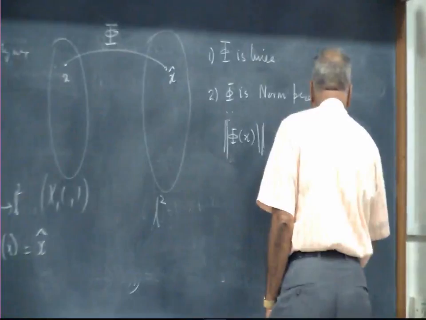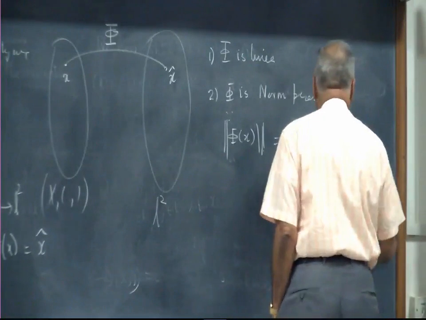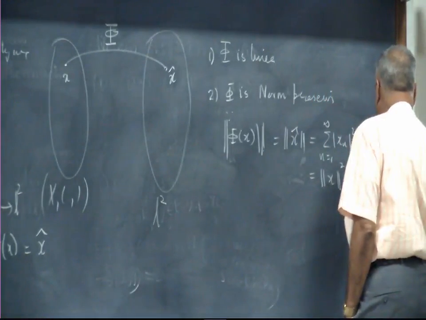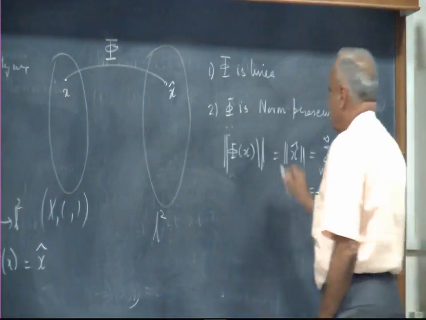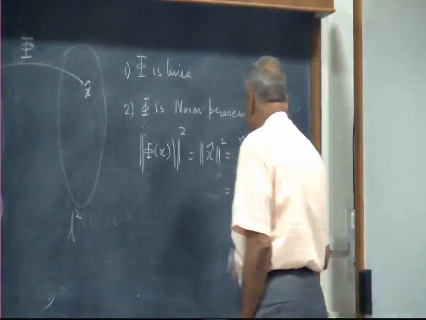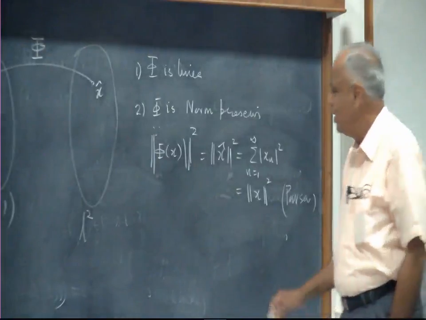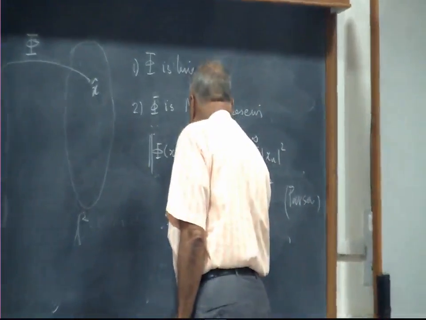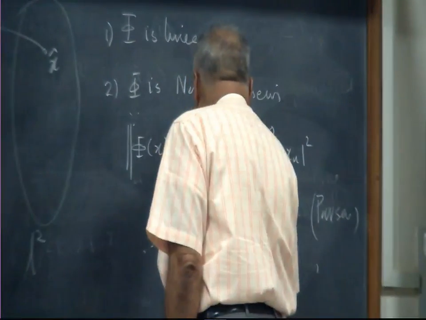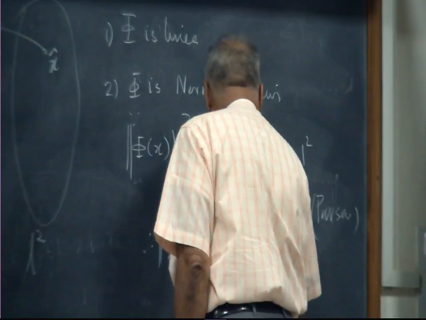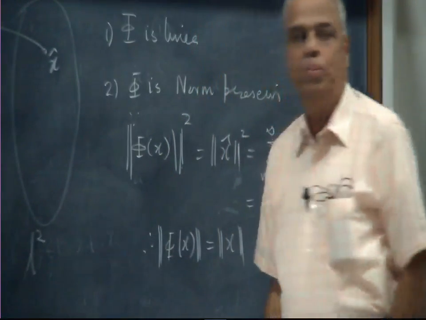By Parseval's identity, this is norm x squared. Therefore, norm of phi x squared is equal to norm of x squared, so norm of phi x is equal to norm of x. Therefore, it is norm preserving.